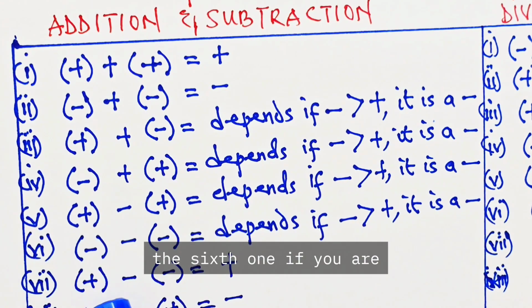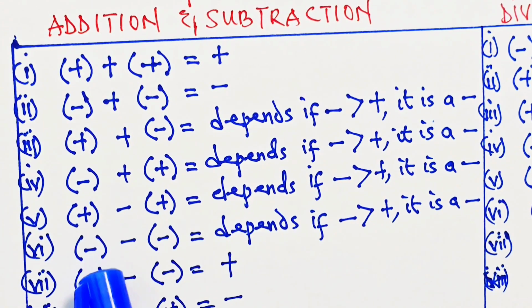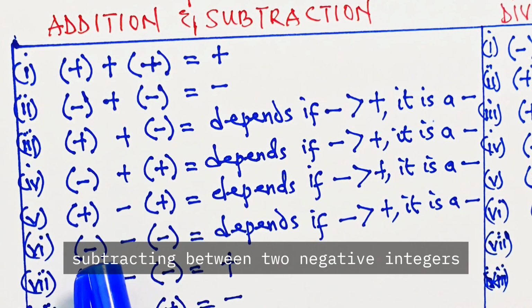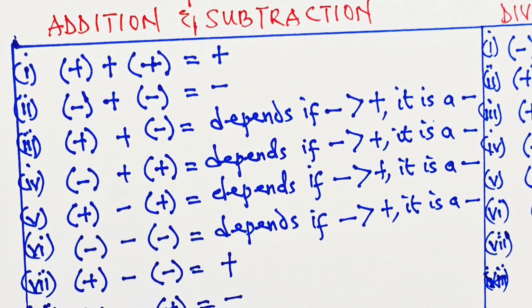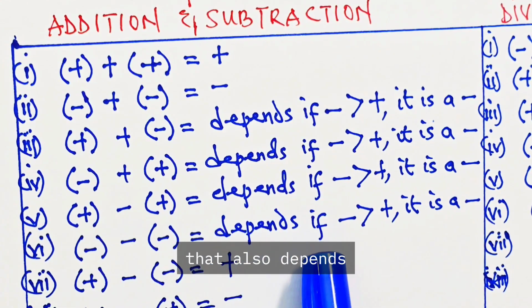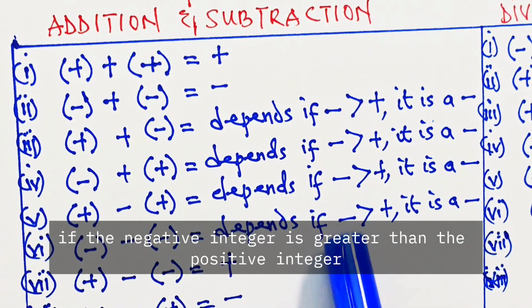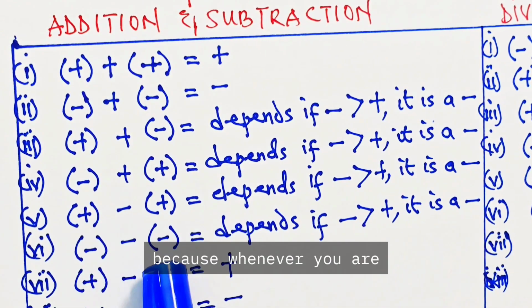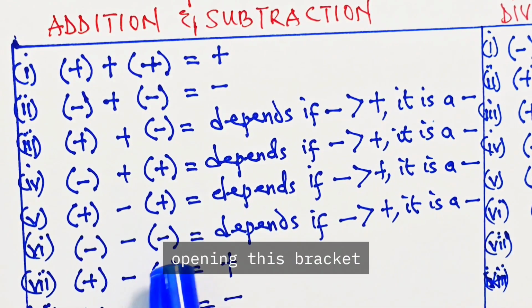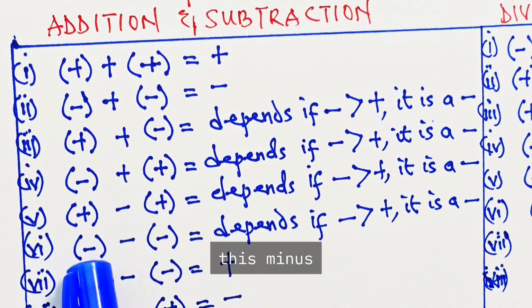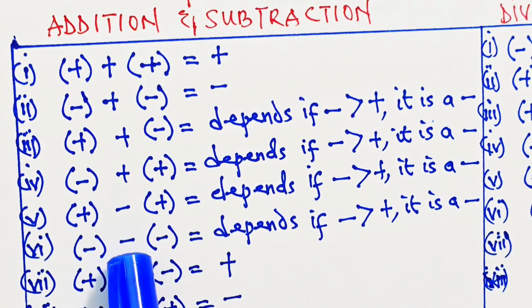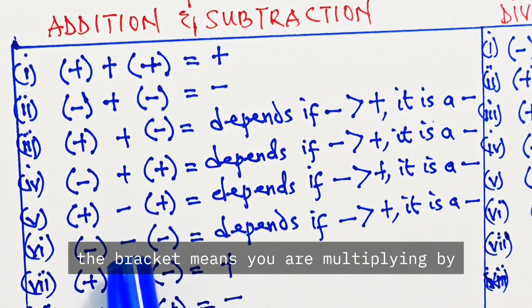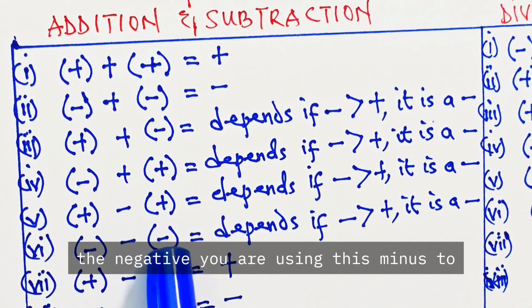The sixth one, if you are subtracting between two negative integers, that also depends if the negative integer is greater than the positive integer, because whenever you are opening this bracket, this minus, the bracket means you are multiplying by the negative.